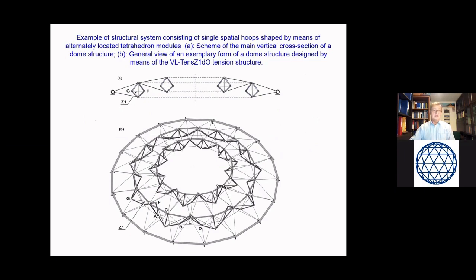The spatial structure is also built of tetrahedral modules spaced and alternately located over every second lower triangular area of the funicular truss and suitably connected together, as well as to the compression perimeter ring.